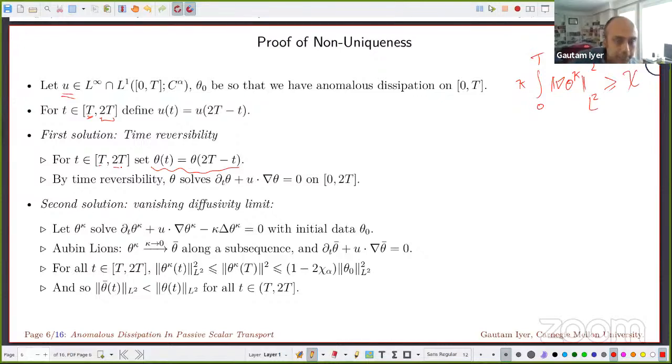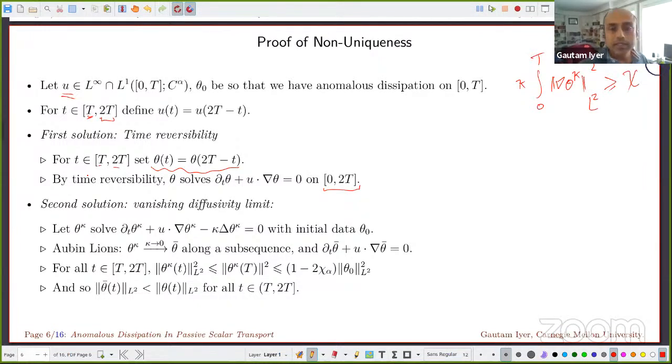Of course, by time reversibility, this solves the transport equation on the entire interval 0 to 2T. Of course, there's some checking to make sure that it stays a renormalized solution at this problem point big T, where the velocity field goes crazy, but that's really minor. It just works out quickly. Okay, so that's one solution.